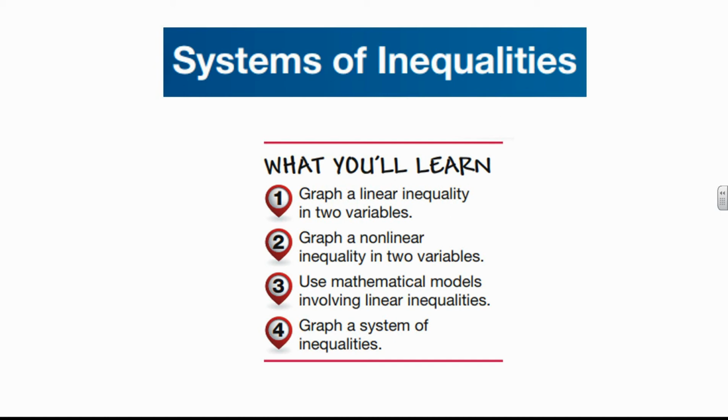So here the solution for the system of inequalities will not be a point, which was our goal for systems of equations, but for systems of inequalities, the solution would be a region, an area. And so we'll show you that. Here we only do it in two variables.